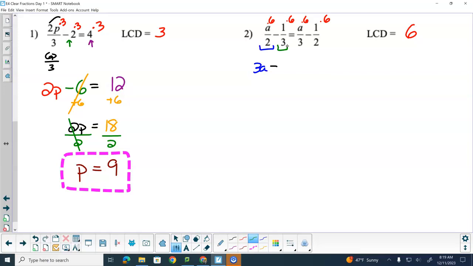Just 2. There's no A in this one. 6 times A, 6A divided by 3, 2A. This one's 2A. 6 times 1, 6 divided by 2, 3. So we get that.